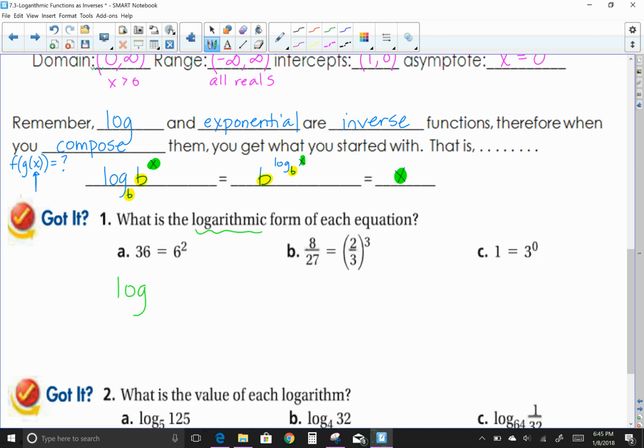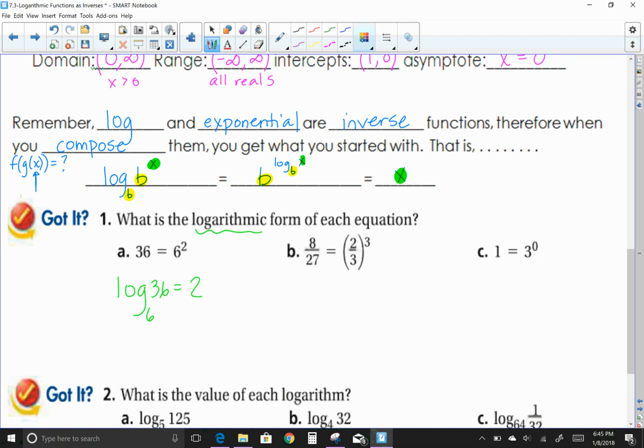Now, the key that I keep telling you is the base is always the same, and we've just spent the last 2 days talking about what's the base. The base right here is 6, so that means the base is right there. Okay, the log is the exponent. So what is the log equal to? The exponent. Well, what's the exponent? 2. And that leaves the last number that's left in the problem to go right here.